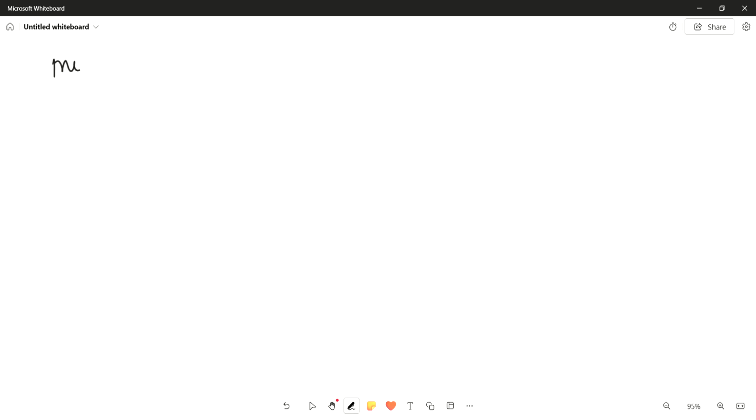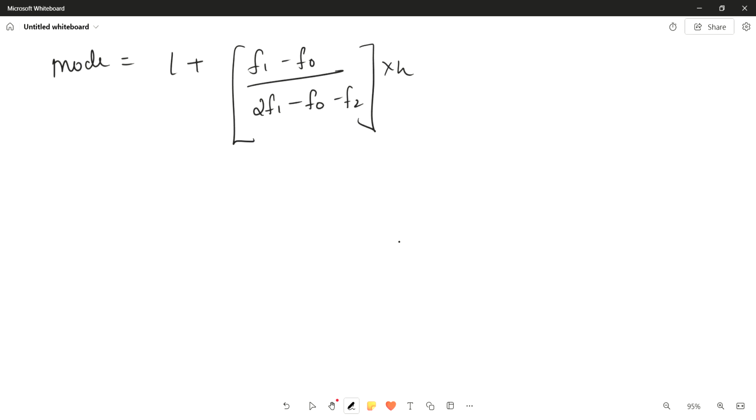So mode is equal to L plus (F1 minus F0) by (2 times F1 minus F0 minus F2) into H. Substitute the values now.